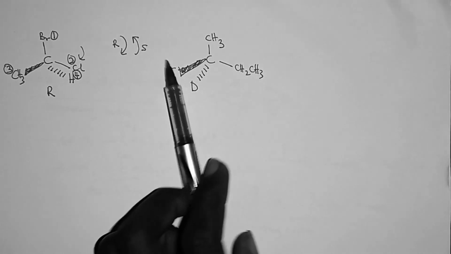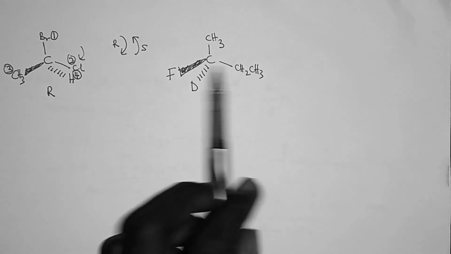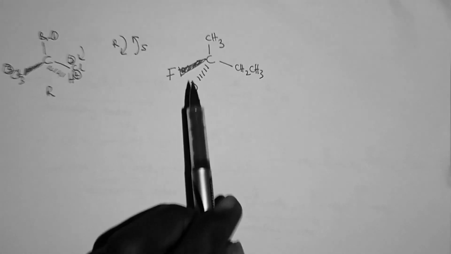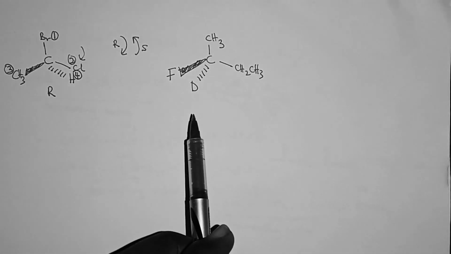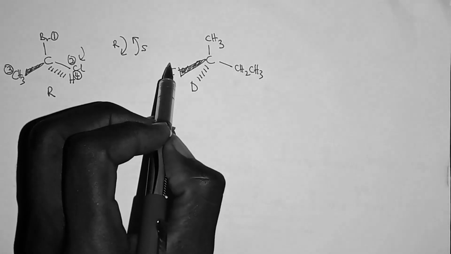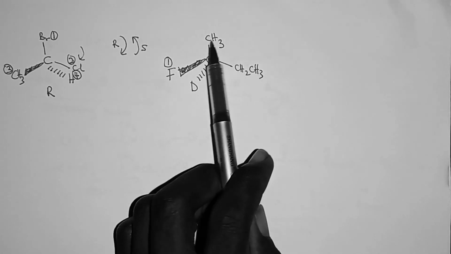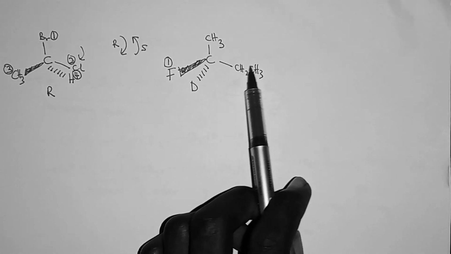So what is the configuration of this molecule? The first thing is to determine the priority. Now the D stands for a deuterium. And we know that fluorine has a higher molar mass than a carbon, so fluorine becomes 1. Nonetheless, this is a CH3 and this is a CH2C.